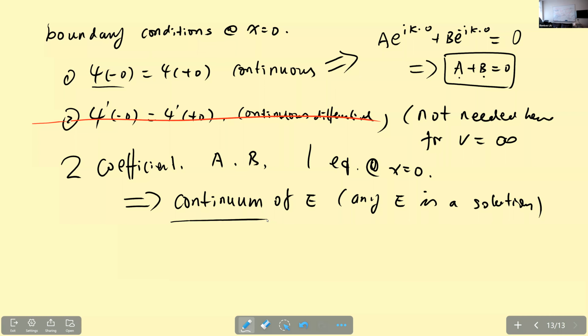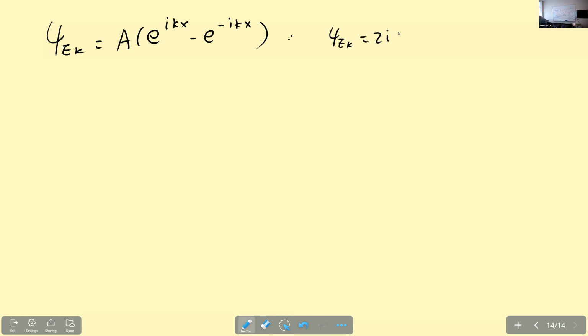Okay, so the solution now is very simple. Let's write down psi E K equals A times e to the i K X minus e to the minus i K X. First of all, this can be written simply as i A times a sine function of Kx, right?